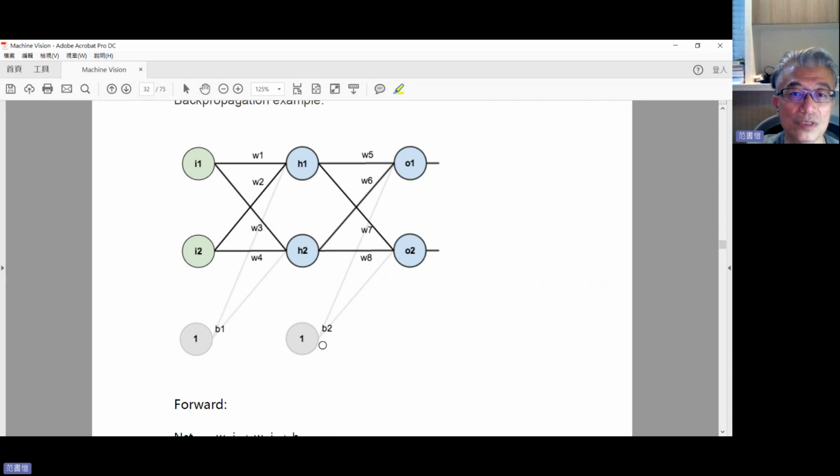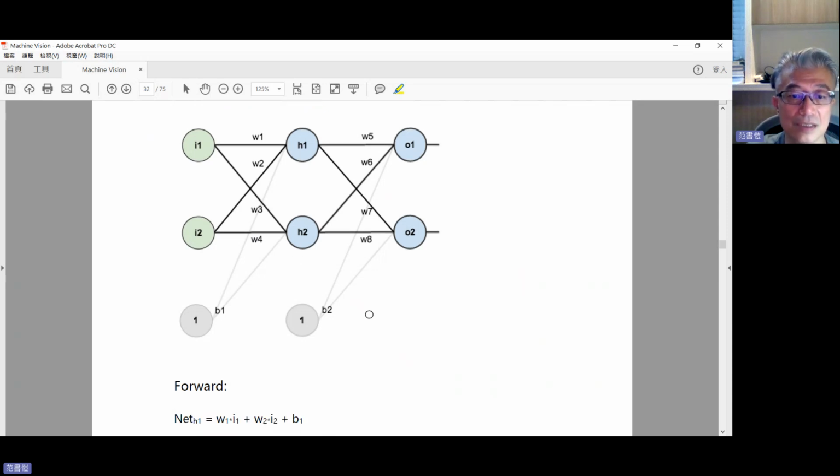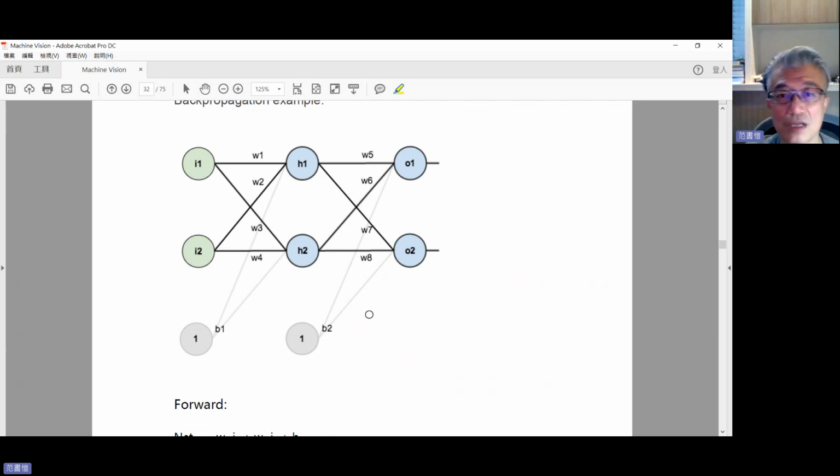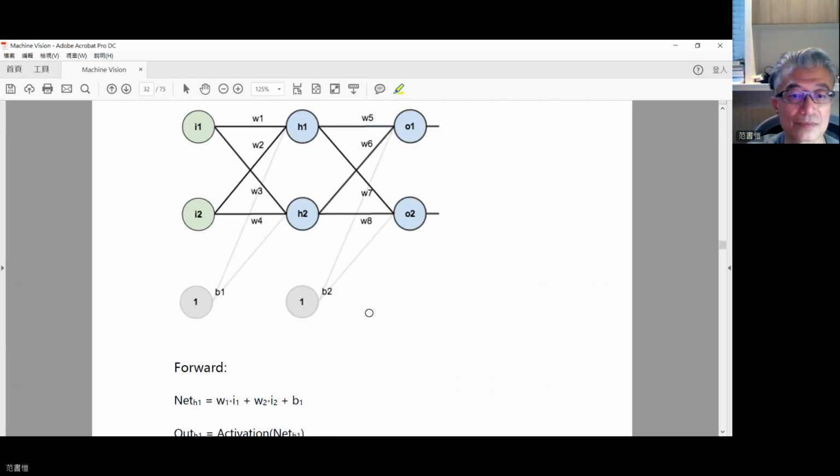The B1 and B2 are placed in the intermediate as the biases. So first of all, look at the forward pass.